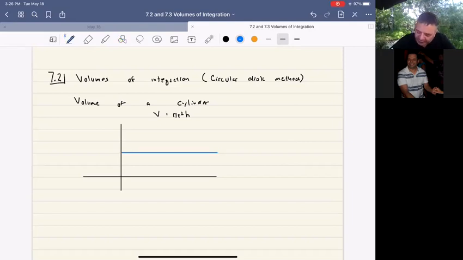Okay, so if we imagine that we have a radius here, let's say this is h.